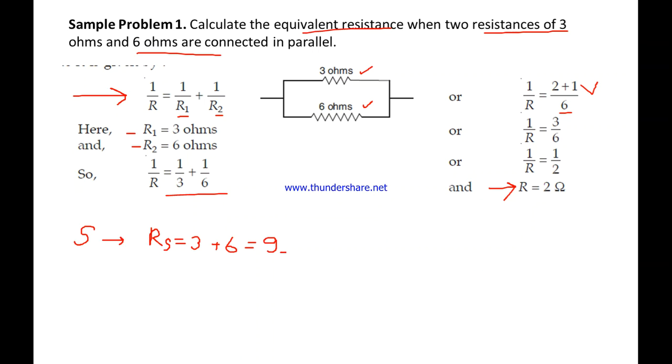So you can see if two resistances are connected in series, their overall resistance increases. In parallel connection, the overall resistance decreases for a given combination, while for series it increases. So this is the conclusion and the difference between the parallel and the series combination.